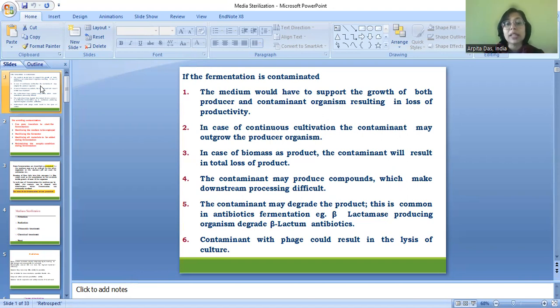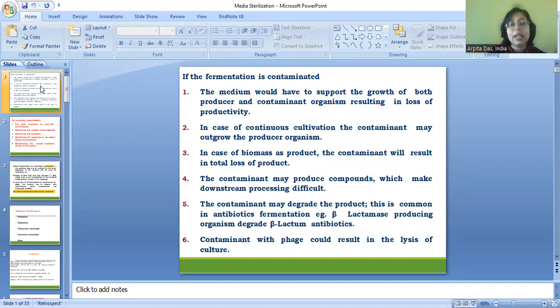In case of biomass as product, the contaminant will result in a total loss of product. Suppose I have an industry where I am producing yeast cells. Now, while I am producing yeast cells, certain contamination has started over there and some other microbes are growing along with the yeast cells. So it will be very difficult for me at the end to separate them, and it will create a complete loss of the total product.